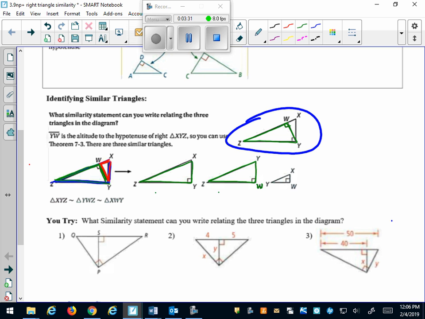So put a W there. Now, the biggest triangle, the original, and this green triangle, the medium, share one angle. Which angle do they share? They're overlapping each other, and they share, by reflexive property, one angle. I'm just going to call them small, medium, and large, right? Large is the original. Which angle do medium and large share?